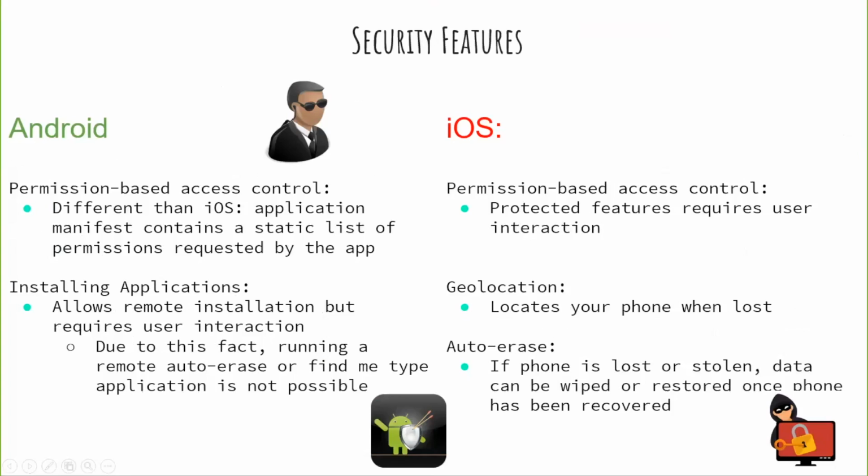Also, iOS offers geolocation when your device is lost, while Android cannot offer this functionality due to the fact that it requires the user interaction to install the app. Also, iOS offers the possibility to delete or restore your data on the phone whilst your device is lost or recovered. And now I will pass the ball to Alberto to wrap up our presentation.